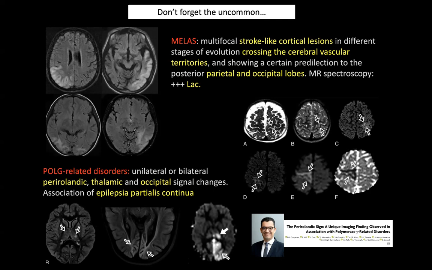Again, the group from CHOP, in this case the first author is Fabrizio Gonçalves, demonstrated that POLG-related disorder may have these characteristic findings in association with epilepsy: bilateral or unilateral involvement of the peri-Rolandic region with diffusion restriction, thalamic involvement, occipital involvement, sometimes alteration of the perfusion. At least part of these changes seems to be due to a seizure-related effect on the brain.